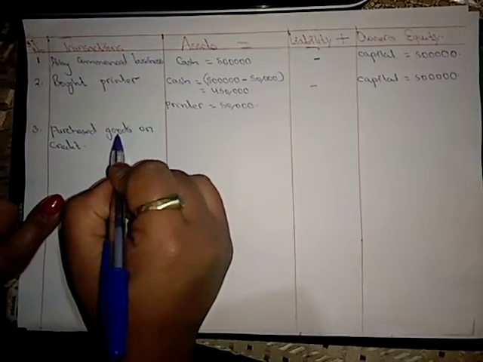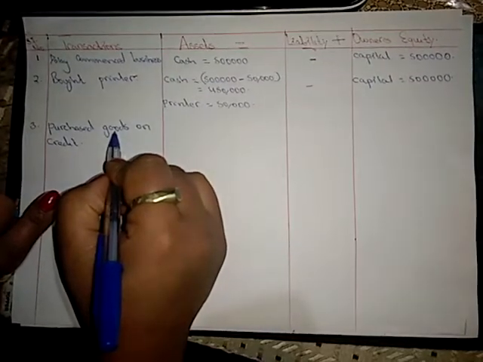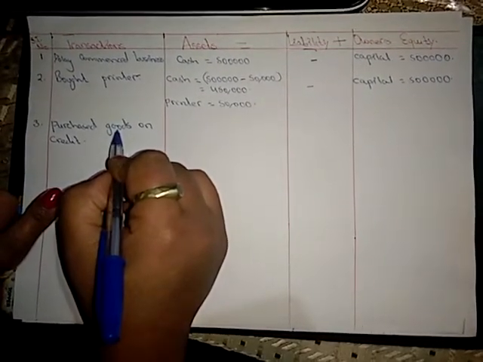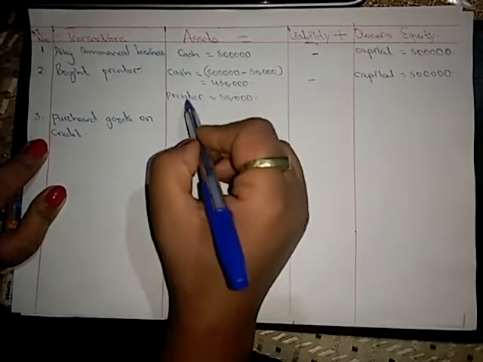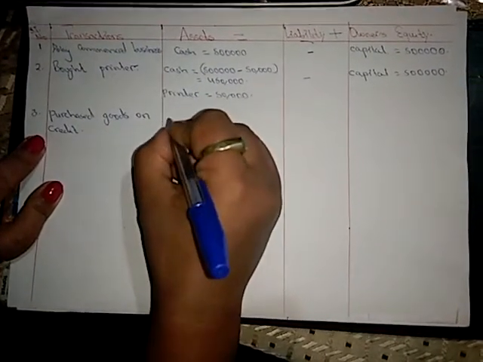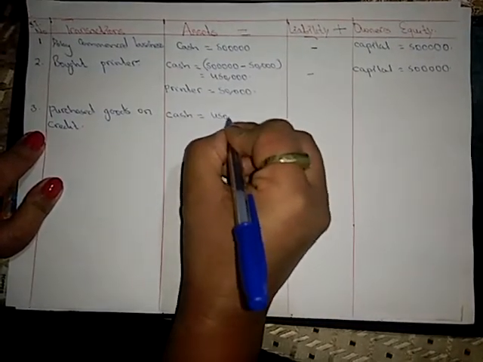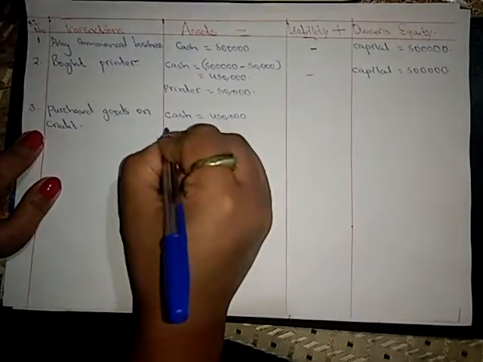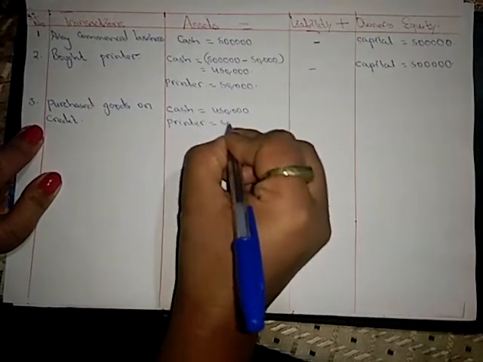Goods is coming into your business. All right, so one of the assets you have in the business is goods, but don't forget to include what is there in the above transaction. So we have here cash. Your cash will remain the same, so it is 4,50,000. Nothing is said about the printer. You should write printer. The amount is again the same.